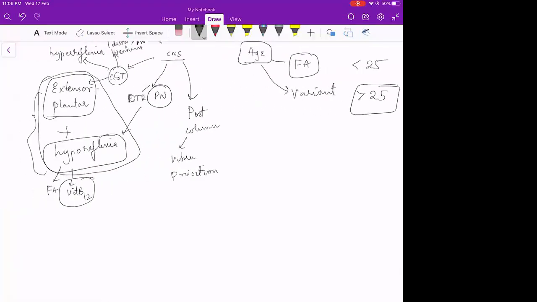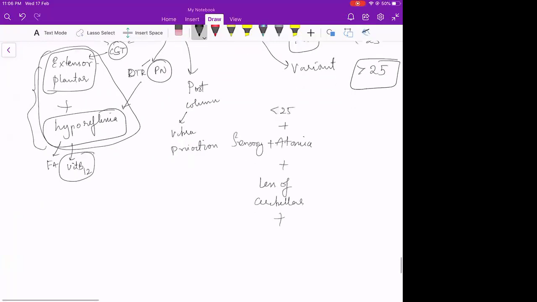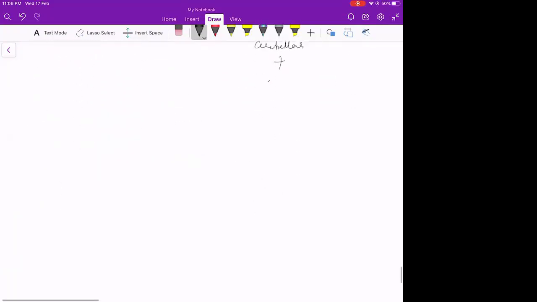So in a patient less than 25 years with all the ataxia features, predominantly sensory type of ataxia, less of cerebellar symptoms, and along with that the patient is having extra CNS manifestations. It can affect the eyes also. Some patients will have optic atrophy.